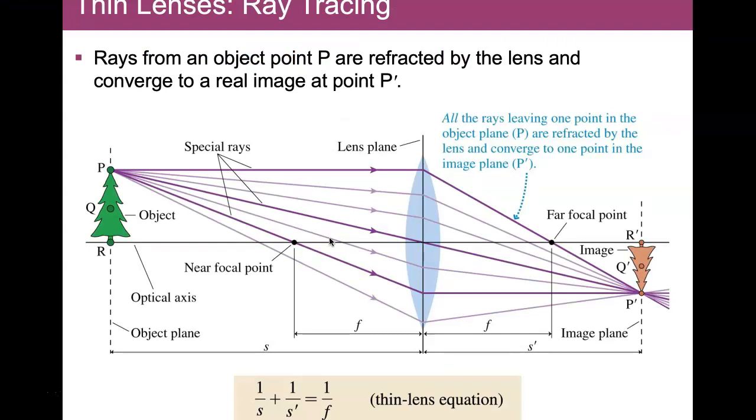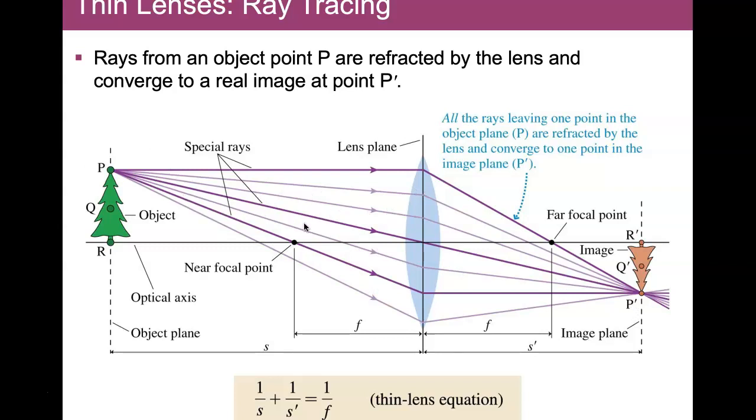So again, that's a better picture. Now it turns out that in the limit of a thin lens with small angles, so all these angles are small, almost parallel to the optical axis, then all the rays coming from this point will go through that point.